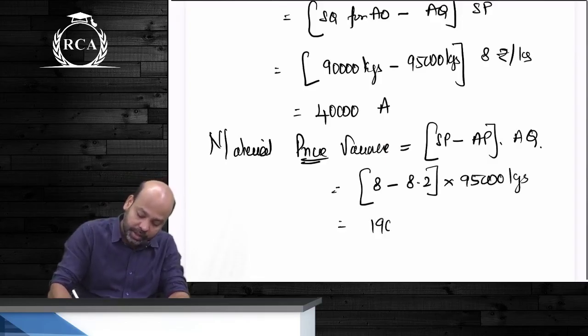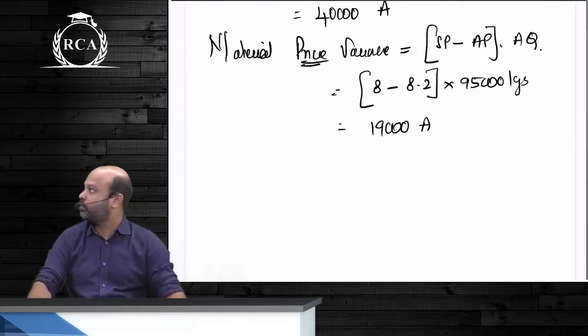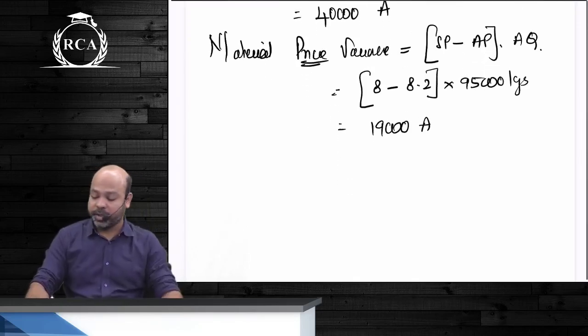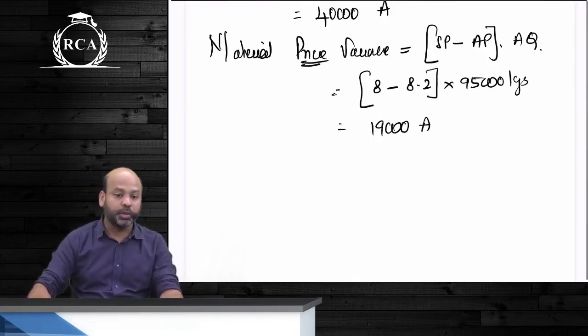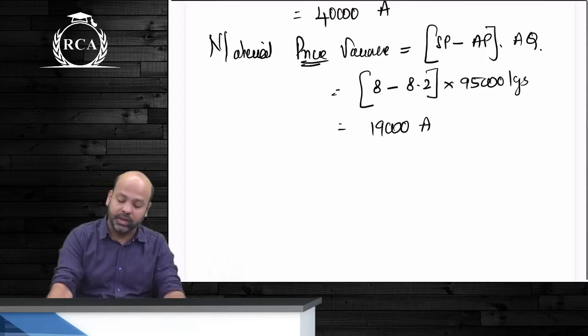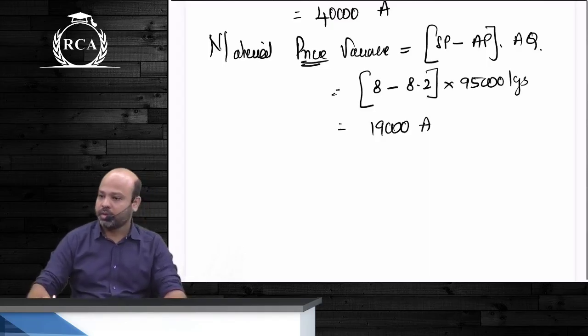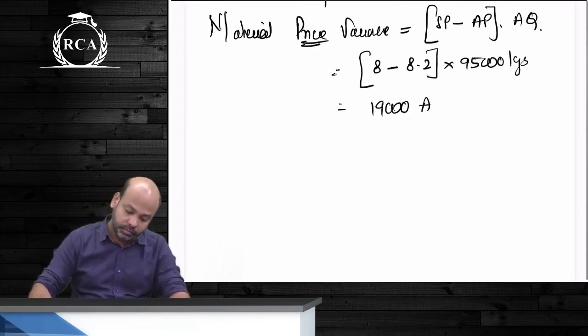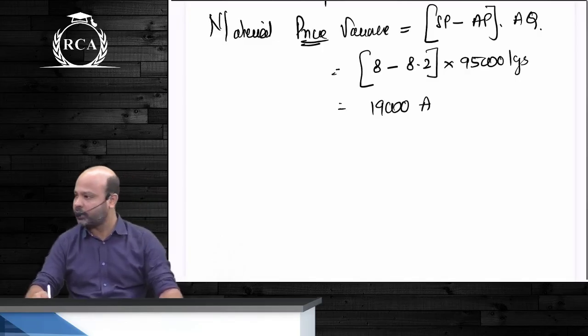This is going to be 19,000 adverse. Standard price minus actual price multiplied by actual quantity. So that's 0.2 per kg more multiplied by 95,000 kgs, that is 19,000 adverse. Are we clear about this?